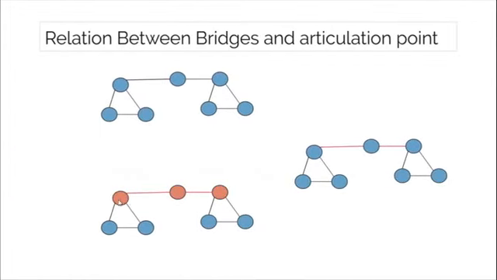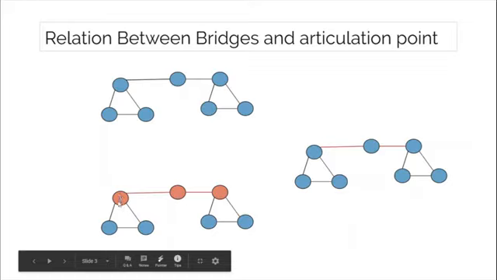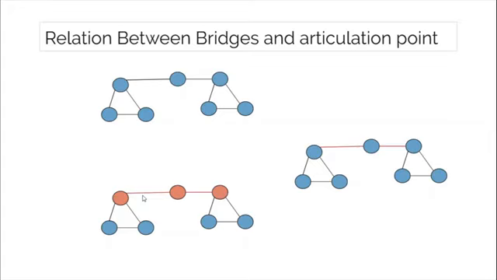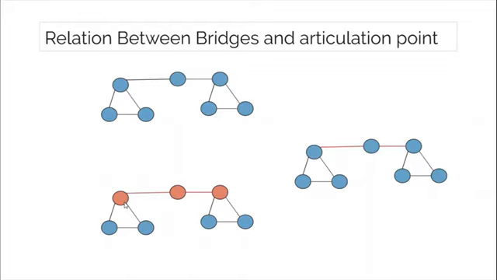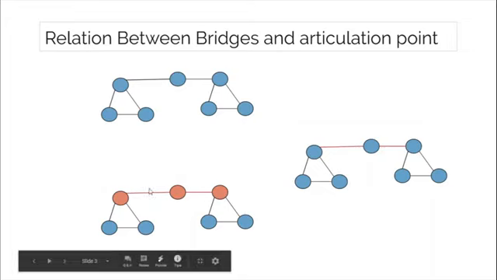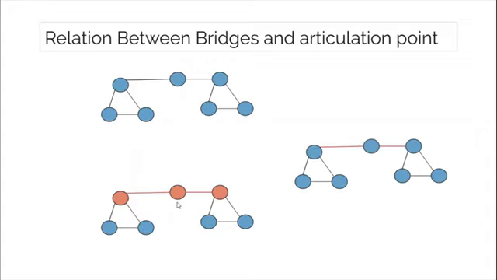If you remove this vertex, all of the edges which are connected to this node would get deleted, and we know if this edge gets deleted, the graph gets disconnected, and when the graph gets disconnected, the vertex which was removed will be called a cut vertex. So when you remove this vertex, this edge will get removed, and the graph becomes disconnected, and that is why the endpoint of a bridge is actually a cut vertex.